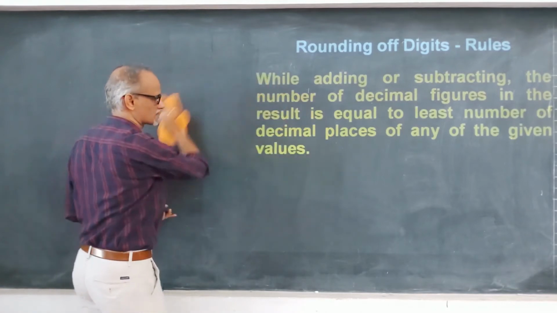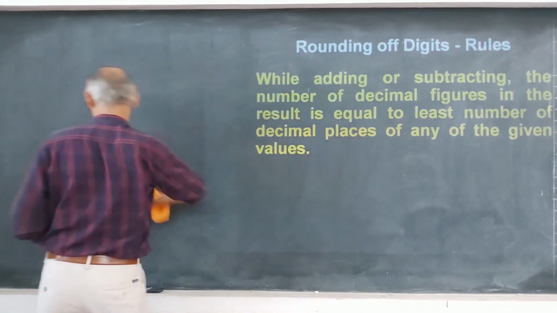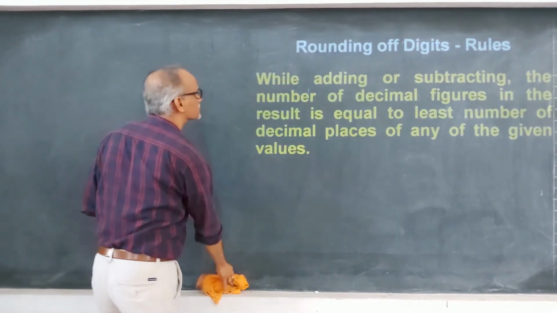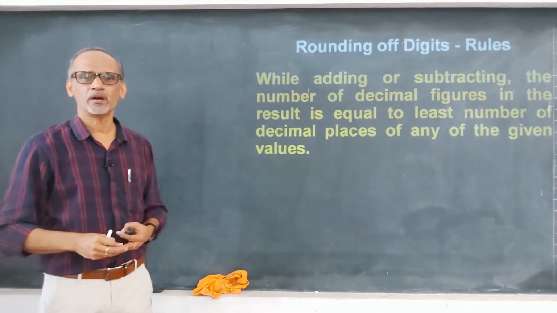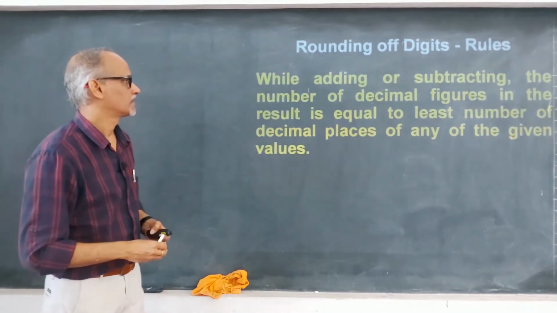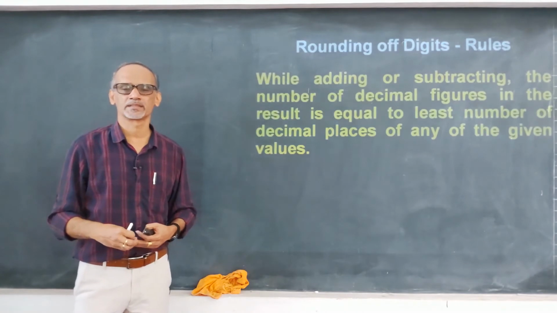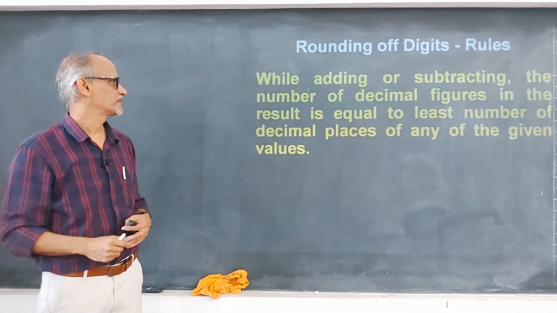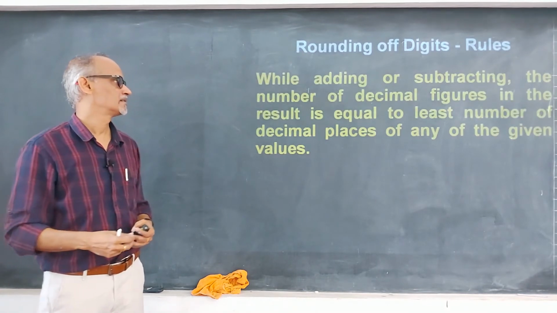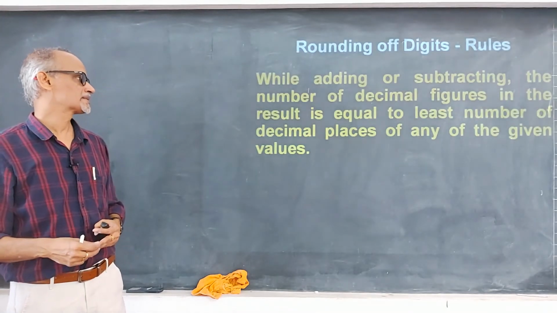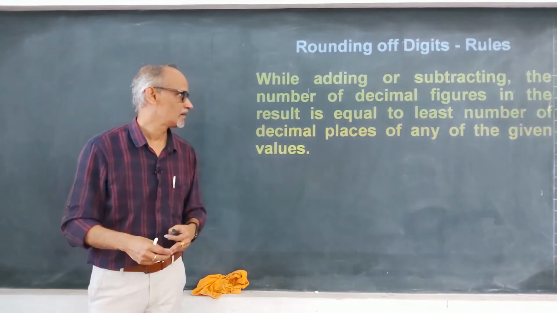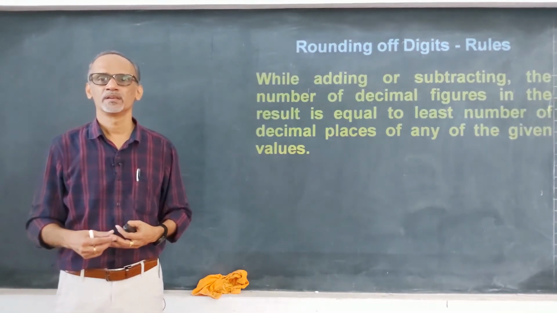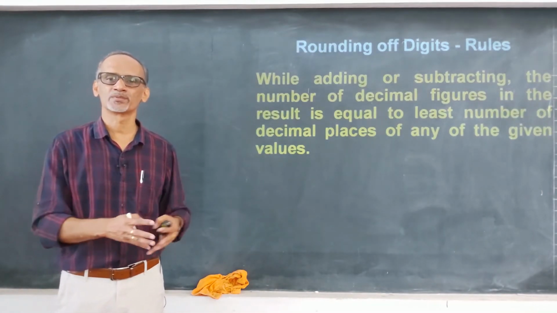The rule is here. See the statement. While adding or subtracting, the number of decimal figures in the result is equal to the least number of decimal places of any of the given values. Here we do not follow the significant figures rule.